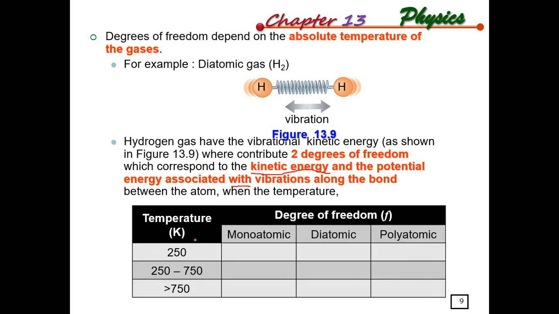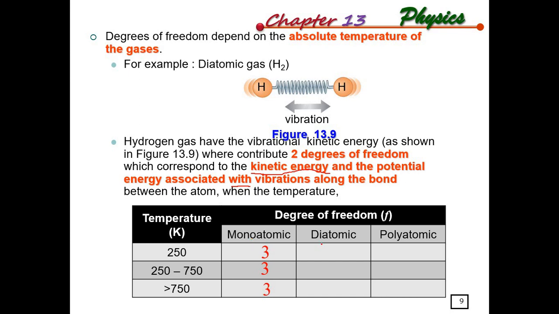Then look at the temperature. At a temperature of 250 Kelvin, the monoatomic gas has 3 degrees of freedom. For the monoatomic gas, from 250 to 750 Kelvin it is 3, and above 750 Kelvin the monoatomic degree is also 3.